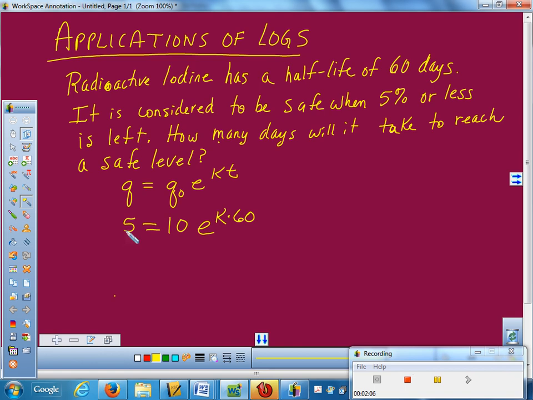Now you have to solve for K. It's a log problem. How do I solve for K? Divide by 10. Your choice, we can make that a half. Since you're going to punch it in your calculator, I'd probably make it 0.5 because it's easier to type. So I'm now going to be down to e to the 60K. It's a little nicer to read. How do I get K down out of there? I log it.